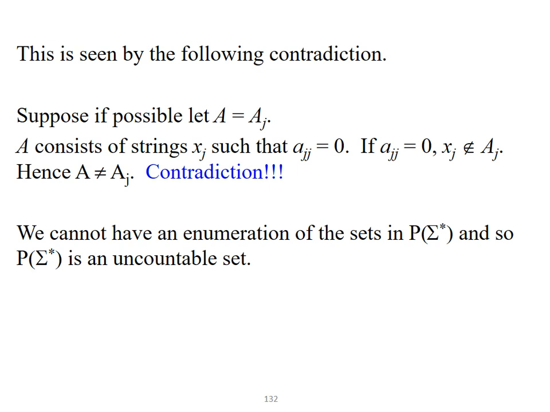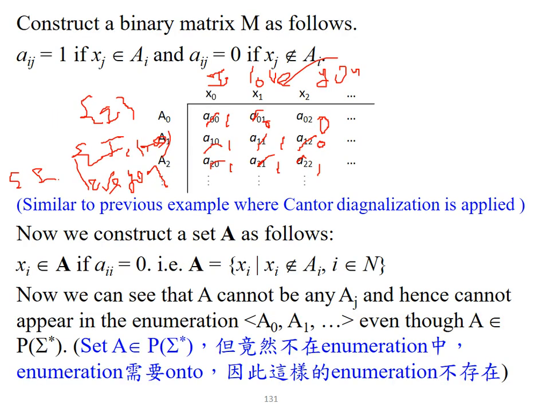Okay, so we may have a more formal way to prove this. Our new set A is not equal to any subset A1 to A3, but we assume A equals some Aj, and we try to derive the contradiction, because we cannot prove it just by comparing A to A1, A2.